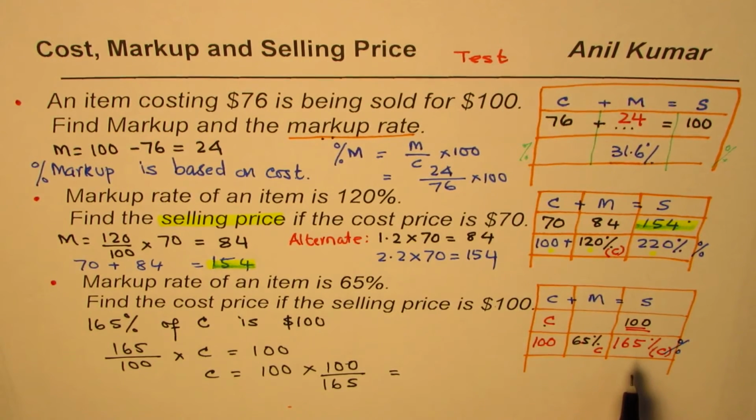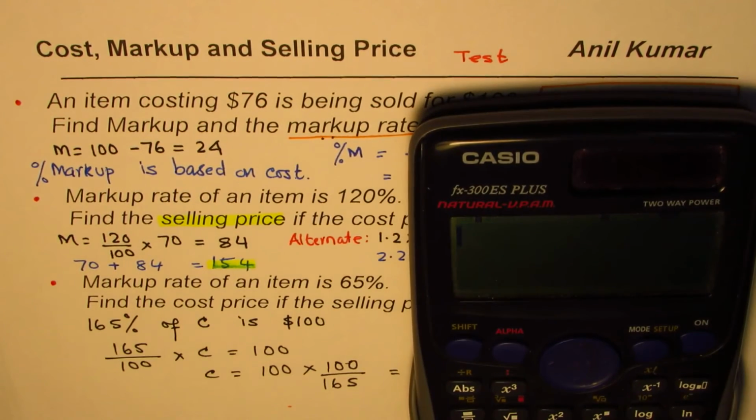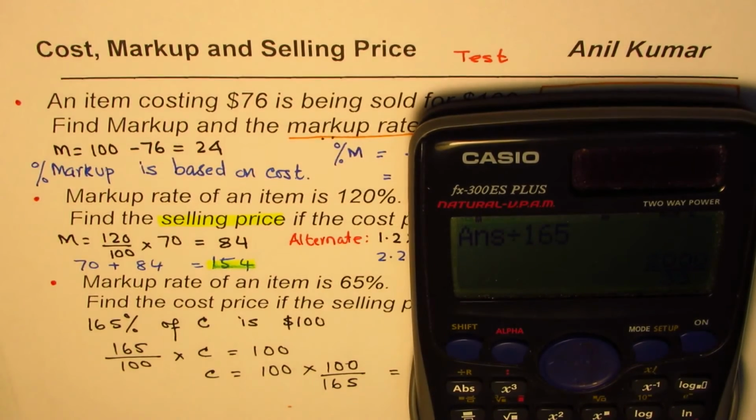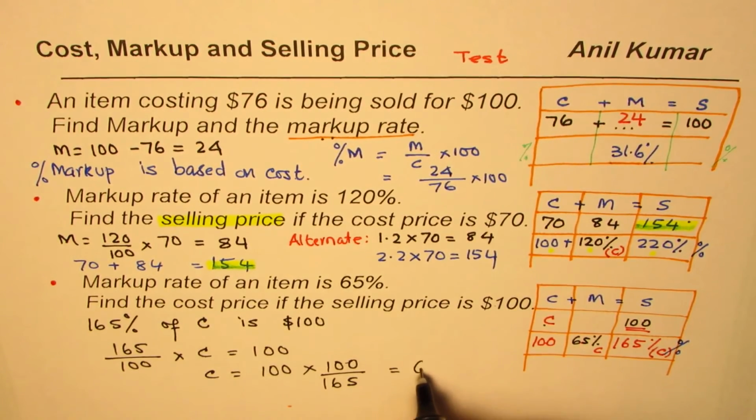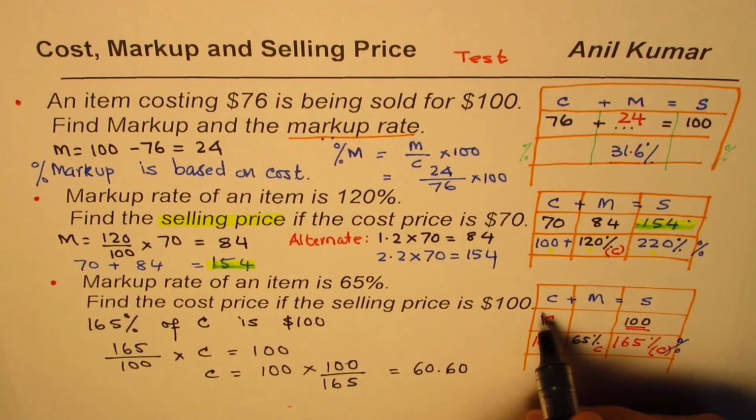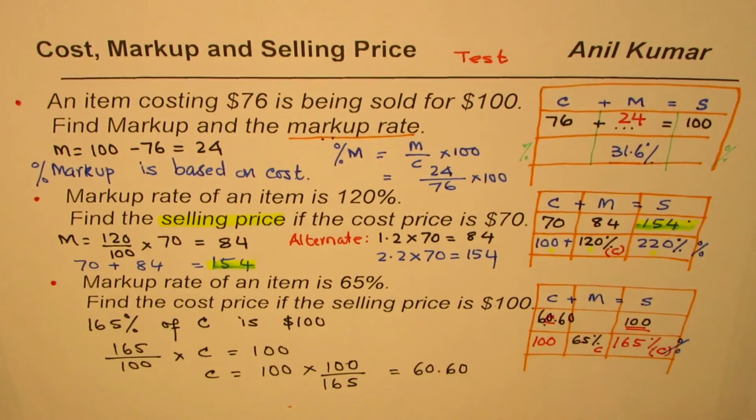So 165, let's find the cost. It is 100 times 100 divided by 165, which in decimals is 60, right? So $60.60. So the cost here is 60.60. Do you get an idea, right? So that is the cost. You can check.